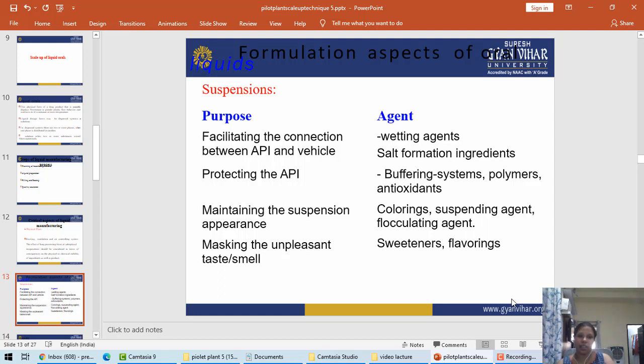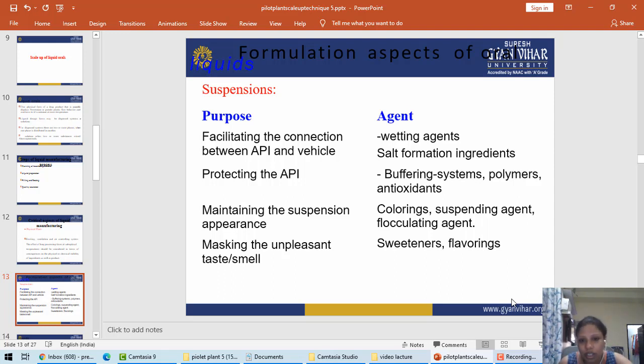Now the second one is protecting the API. For this, buffering systems, polymers and antioxidants are used. Next is maintaining the suspension appearance.